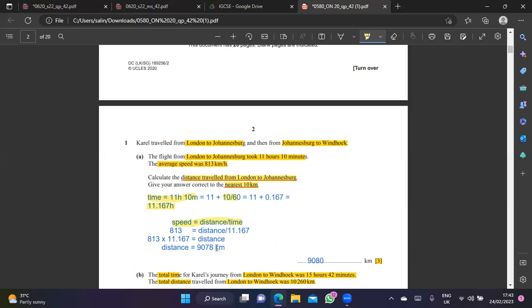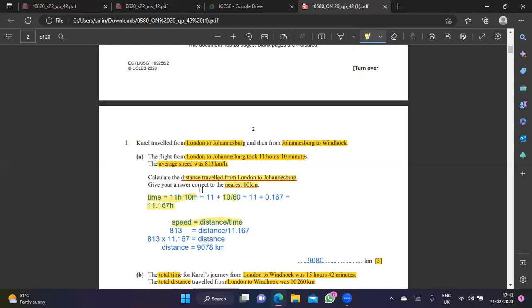Now we have distance here. You have 11.167. Just get a calculator, no problem. Just type, and then you get distance equals, if you type this in your calculator, 9078. And the unit is kilometers. And then check what they asked you.